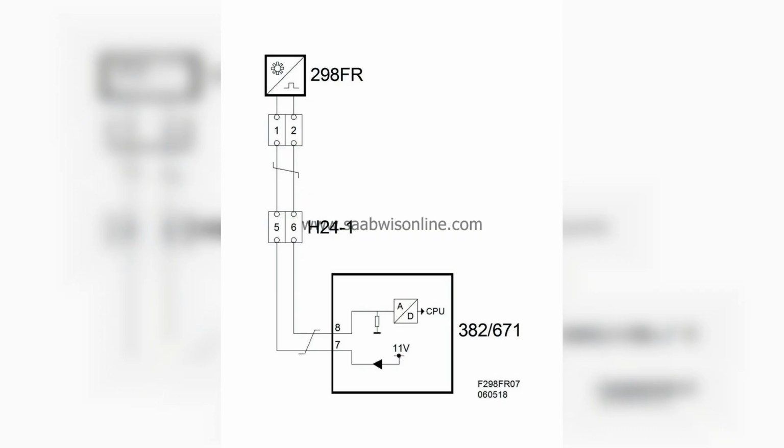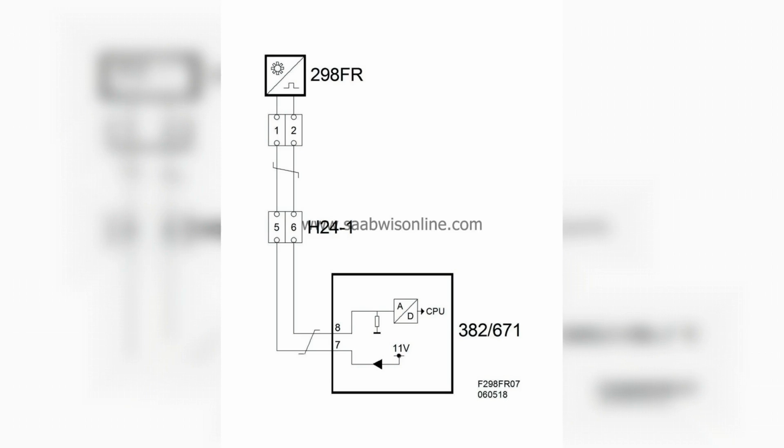C0046, left front wheel speed sensor voltage fault, a similar code, but for the left front wheel speed sensor. C0047, right rear wheel speed sensor voltage fault, a voltage problem associated with the right rear wheel speed sensor. C0048, left rear wheel speed sensor voltage fault, a voltage problem associated with the left rear wheel speed sensor.